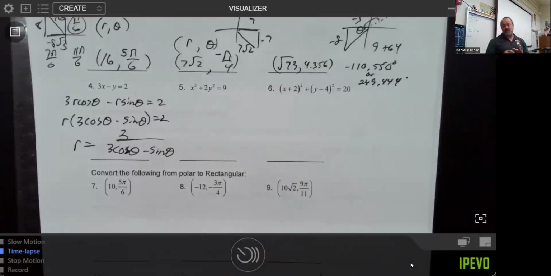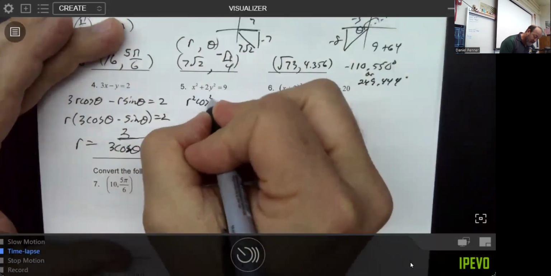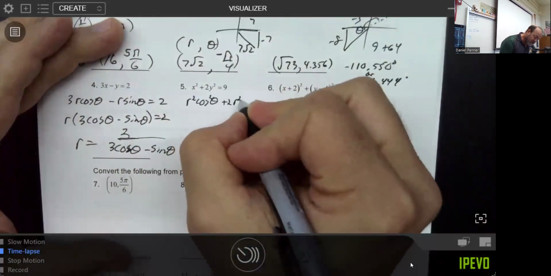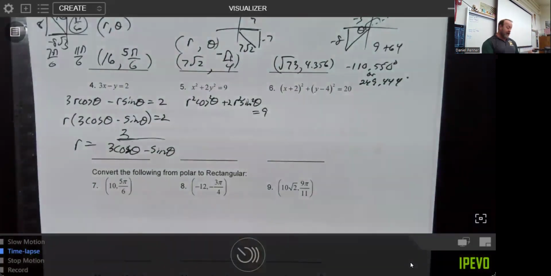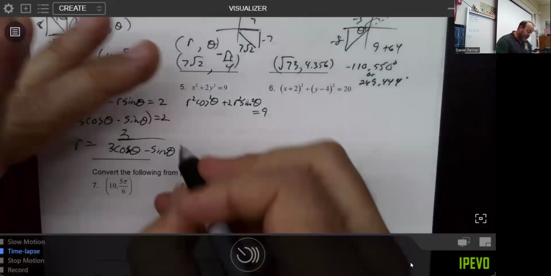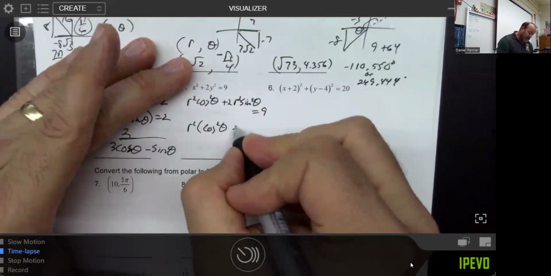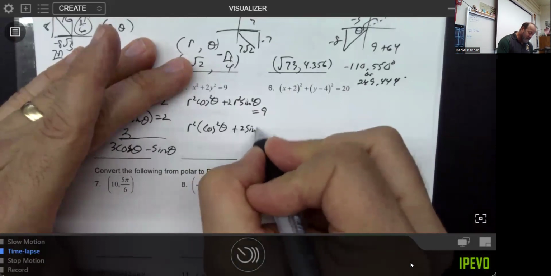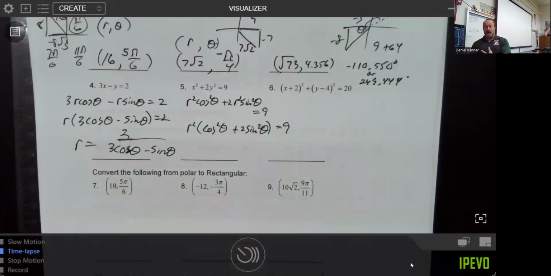Now, number 5 was just like a little foreshadowing question because it was x squared. So that would be r squared cosine squared plus 2r squared sine squared equals 9, which is great, but I don't want to factor r out. I'm going to factor r squared out. I know it's tempting for people to want to convert that cosine squared plus sine squared to be 1.